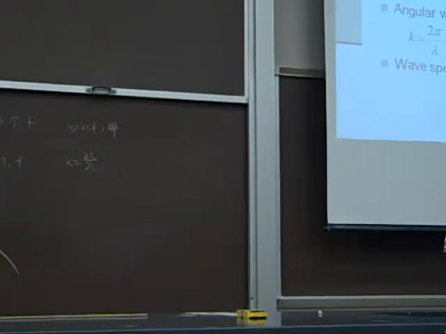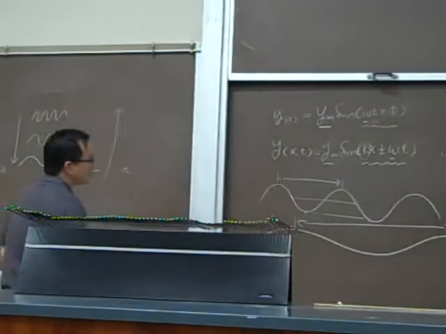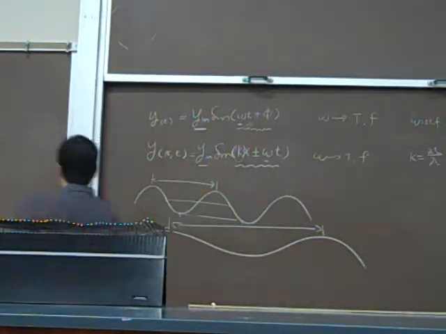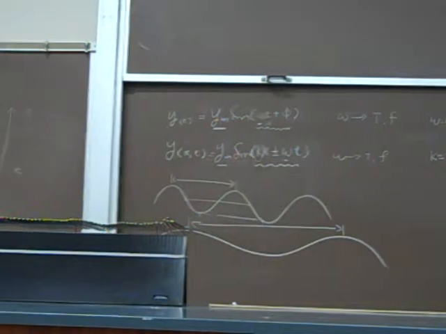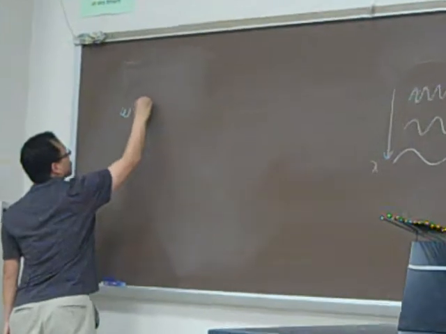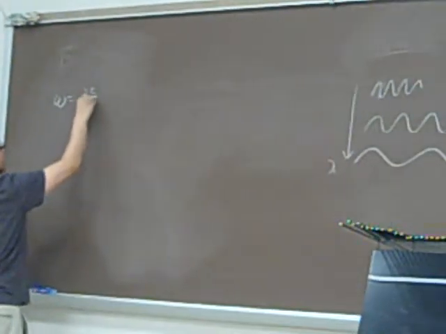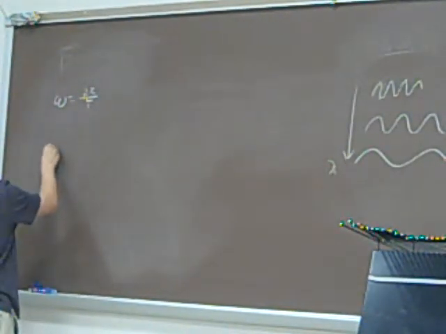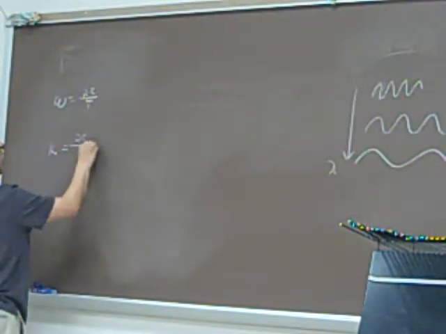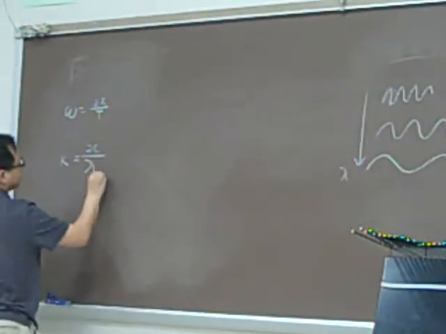Now, I want to make some comparison between k and omega. So here, let's look at omega equals 2 pi over T, and k equals 2 pi over lambda.